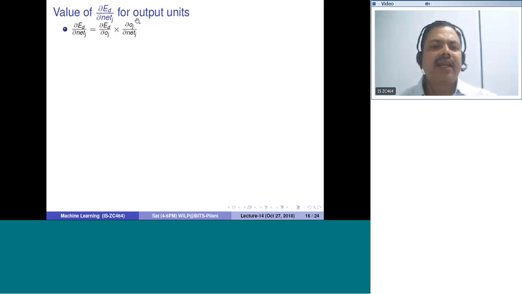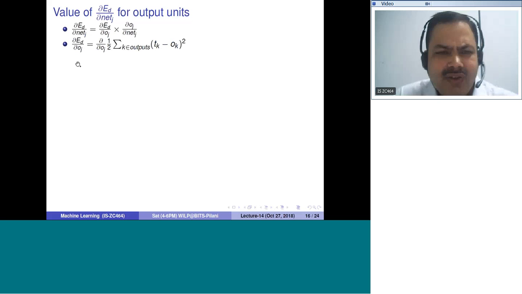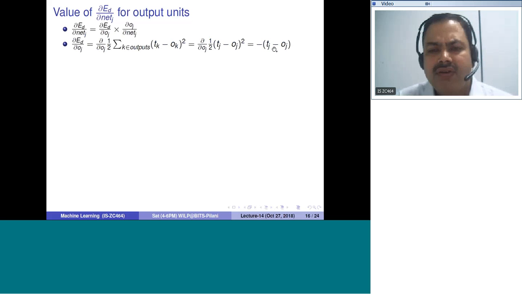For the output units, you can again apply the chain rule: delta Ed upon delta oj into delta oj upon delta net j. The first part, delta Ed upon delta oj, is the differentiation, which comes out to be minus (target minus oj), because of the formula.